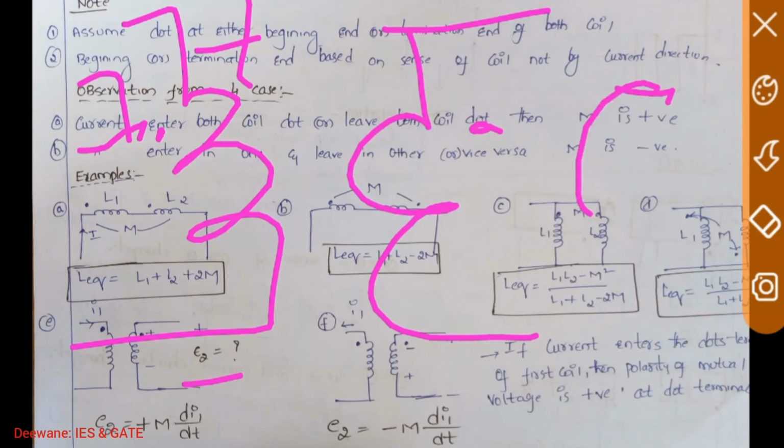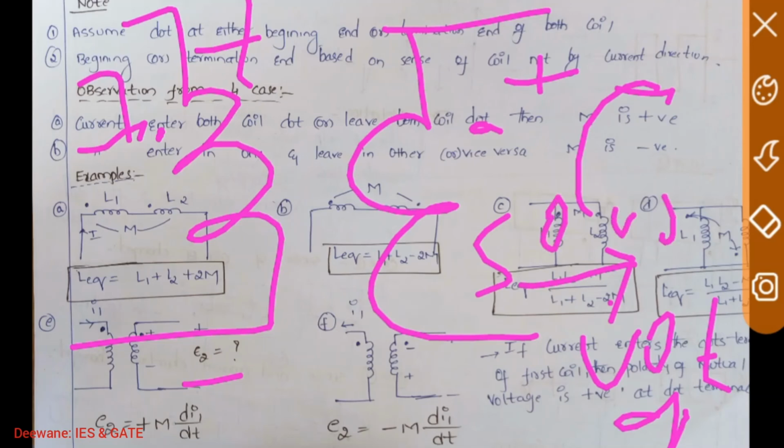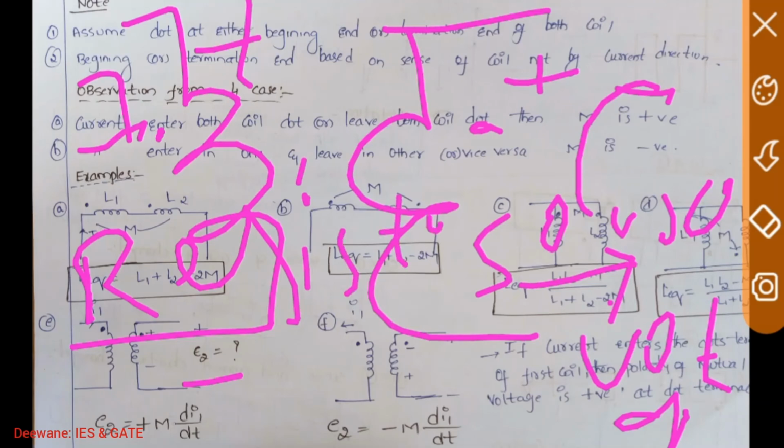Here the secondary acts as a voltage source, so positive here. This is a case of a voltage source. This is an example of a resistor. Primary acts as a sink, secondary acts as a source.